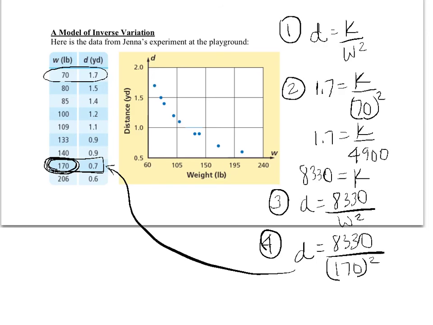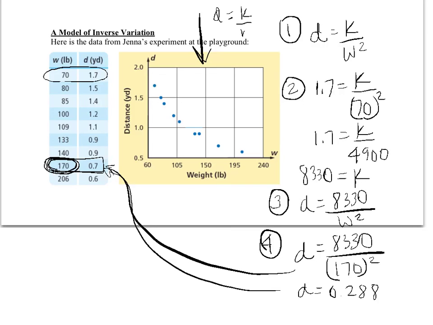So let me work through the math. Okay, when I work through the math, I get D equals 0.288. This is not close to that 0.7, so it looks like this graph here is actually going to be a D equals K over W graph, not a D equals K over W squared.